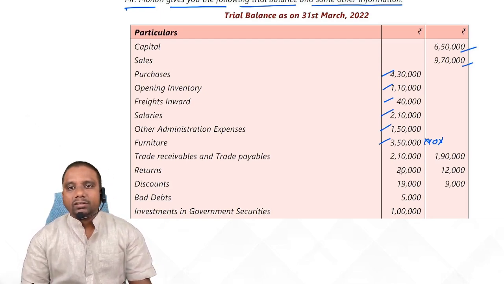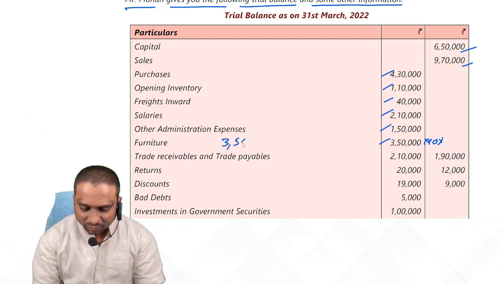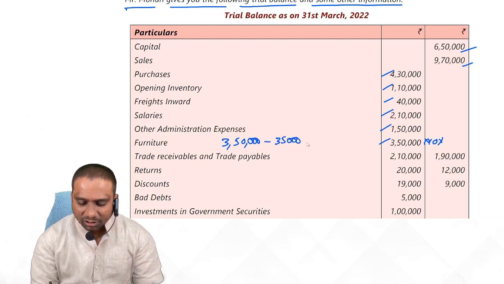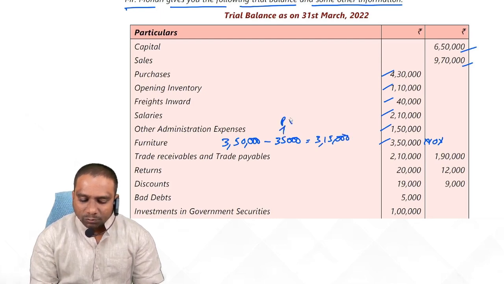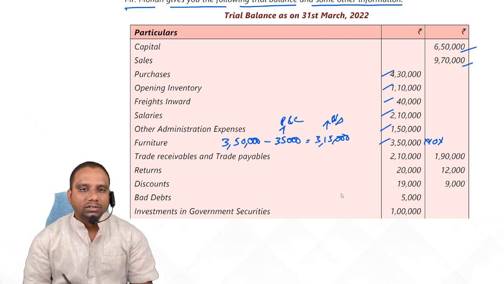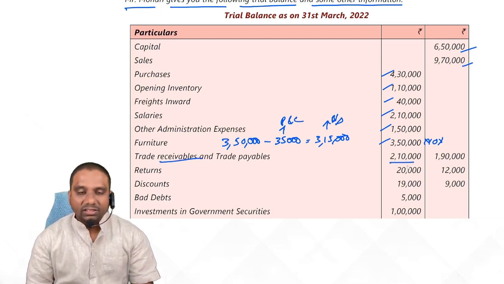Remaining 3,15,000 is a balance sheet asset. 3,50,000 asset minus 10% depreciation, 35,000, remaining 3,15,000. So this is the P&L account. Clear, students?